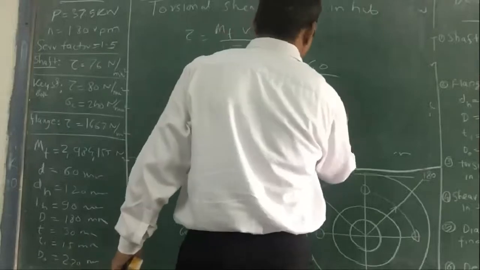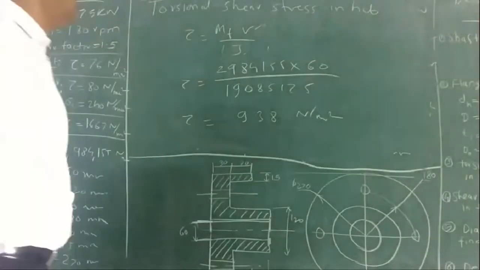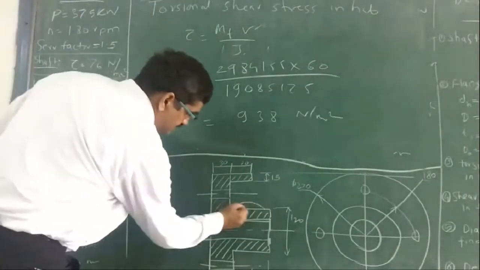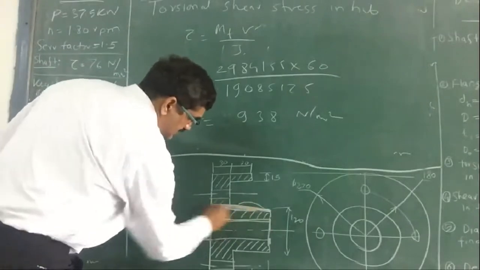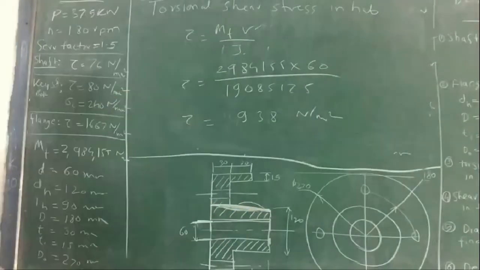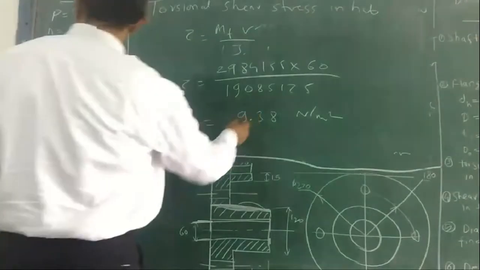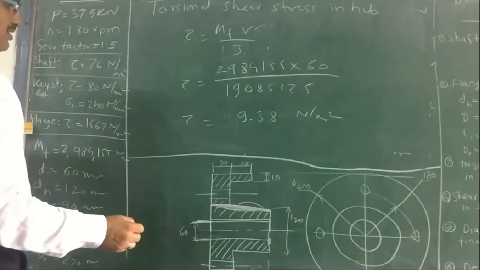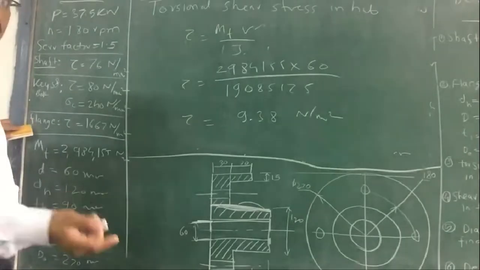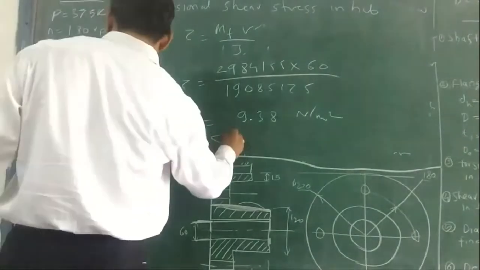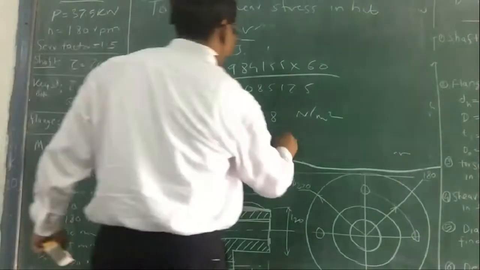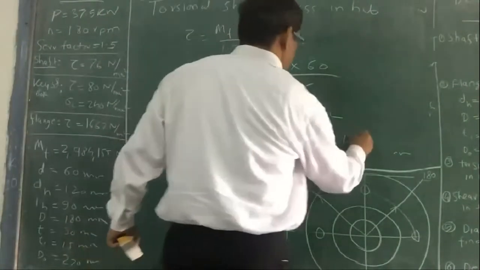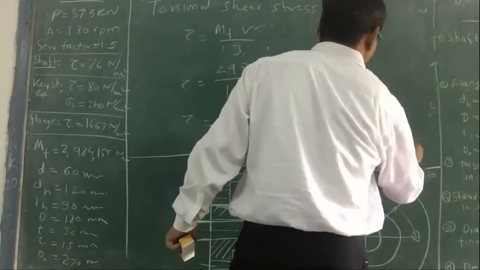So shear stress in hub is 9.38, and allowable shear stress in hub is 16.67 Newton per mm square. Hub is actually part of the flange. So 9.38 is less than 16.67 Newton per mm square. So design is safe. Your hub will not fail.